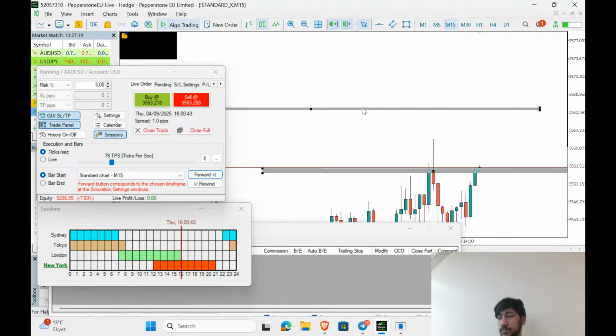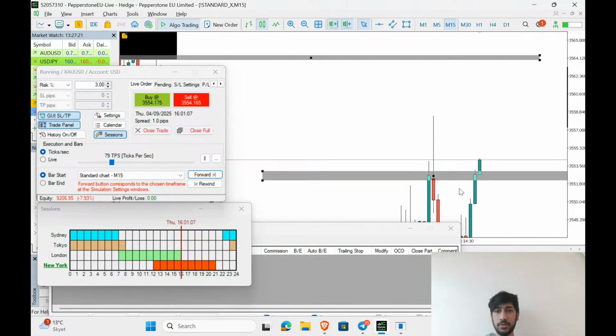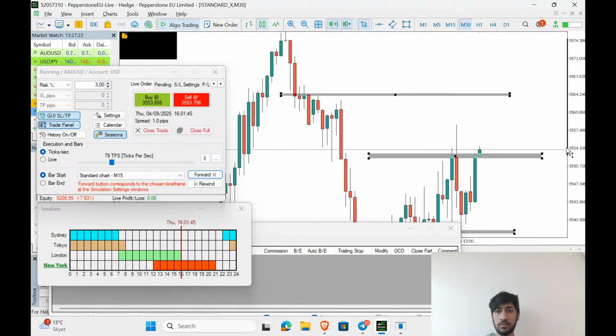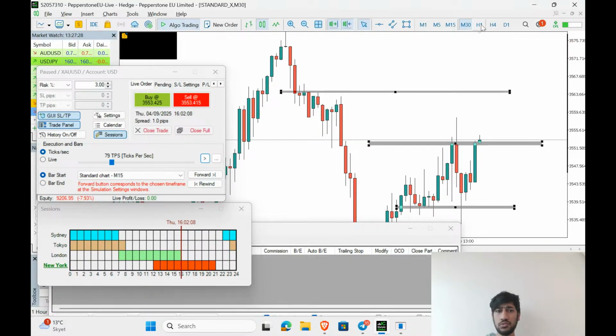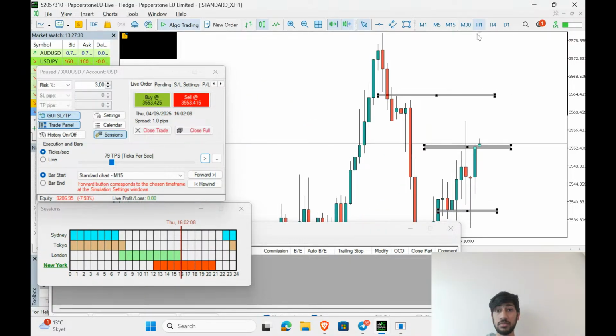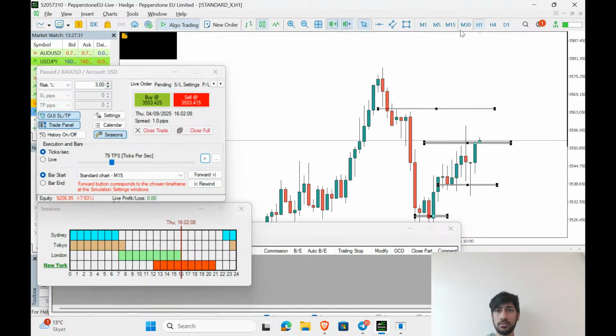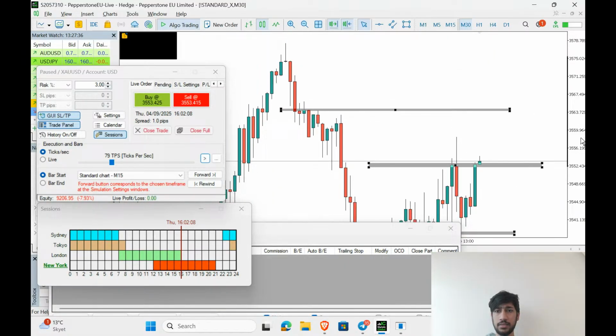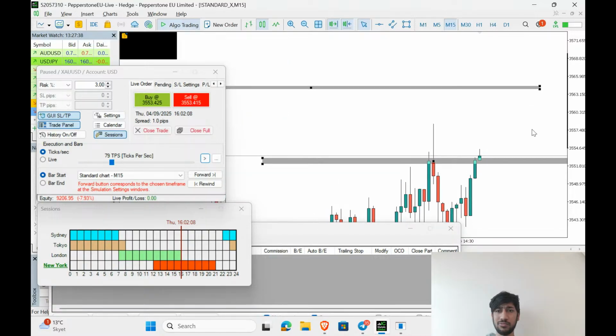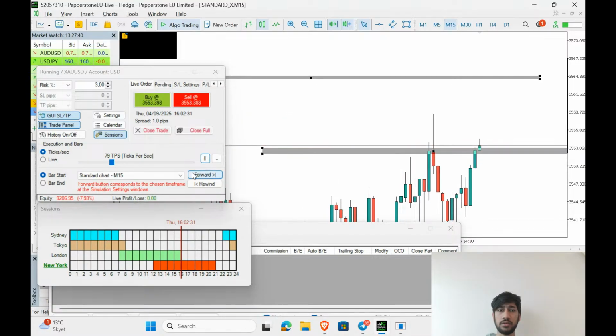This candle formed a weak body. M30 is super bullish. H1 super bullish. H4 super bullish. We closed at around the range, so not confident on this play.